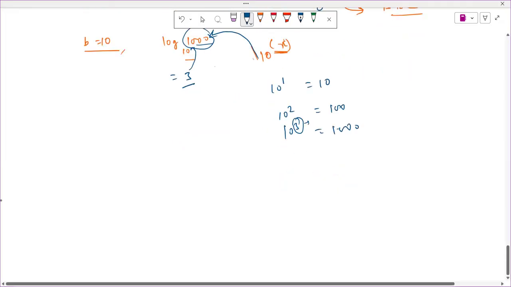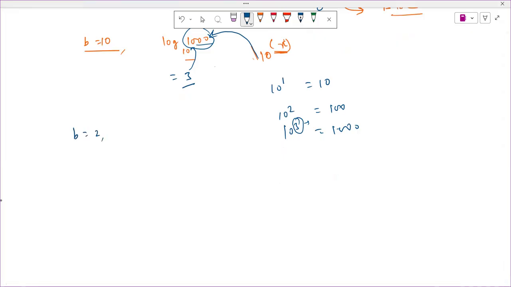Let's say your base b is 2, and someone is asking log 64, right? Log base 2 of 64. Now you have to see 2 to the power what will be equal to 64?